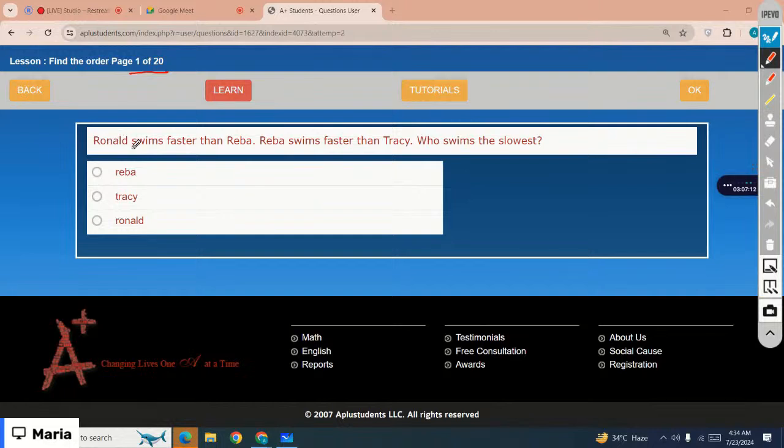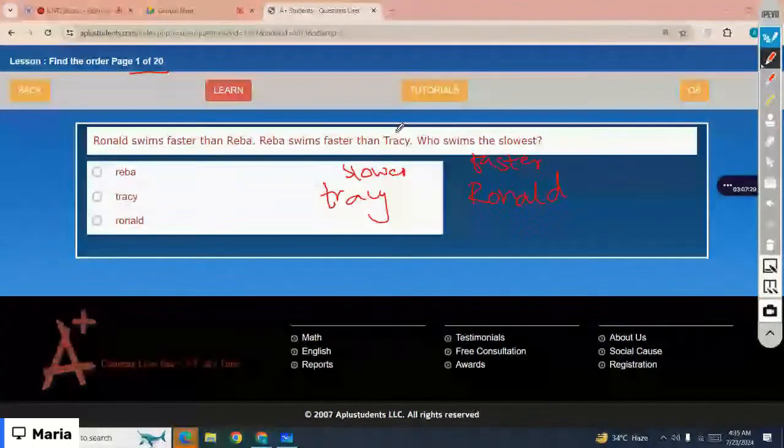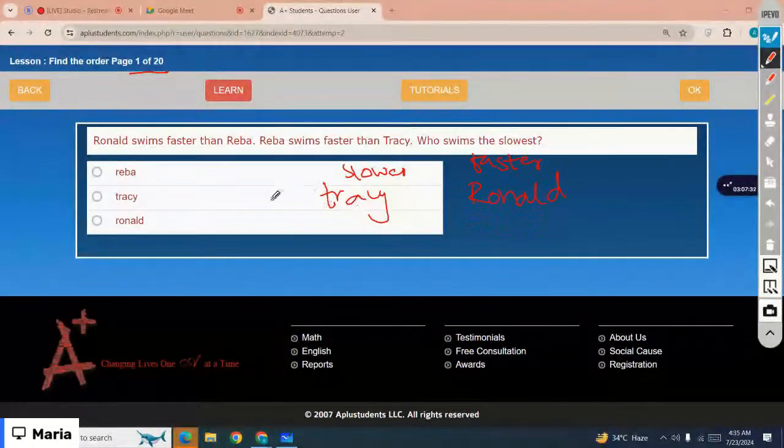Got it? Ronald swims faster than Reba. Okay, so Ronald is faster and Tracy is slower, right? Okay, Reba swims faster than Tracy.